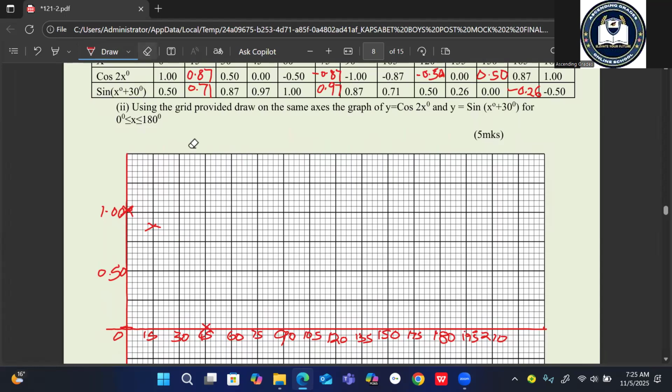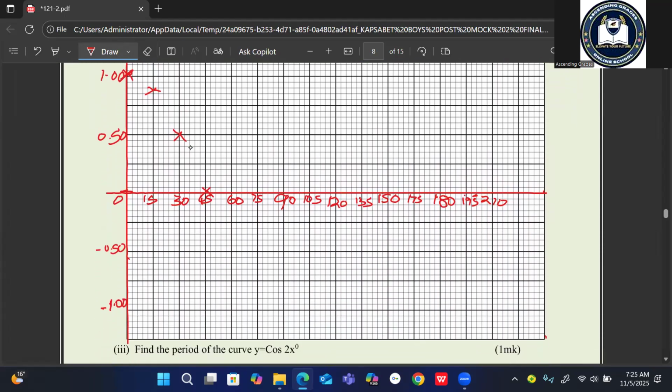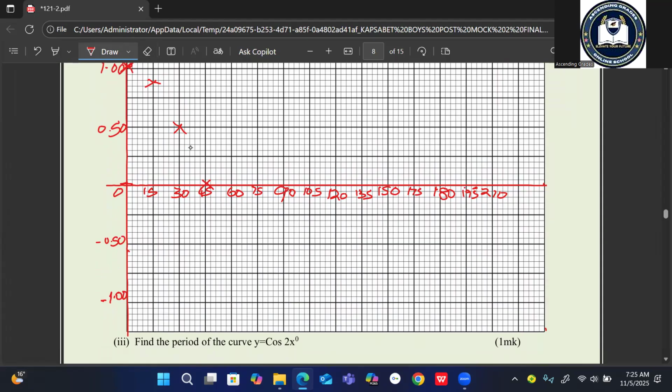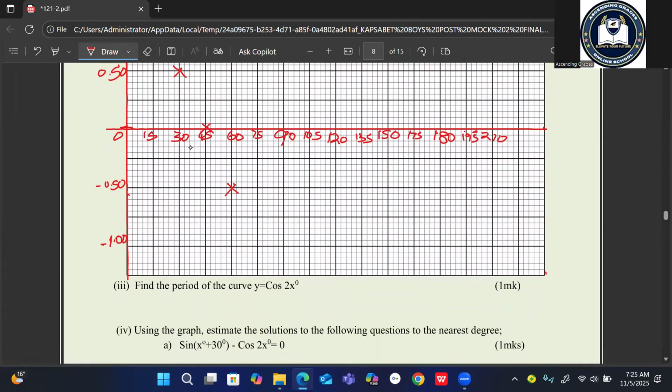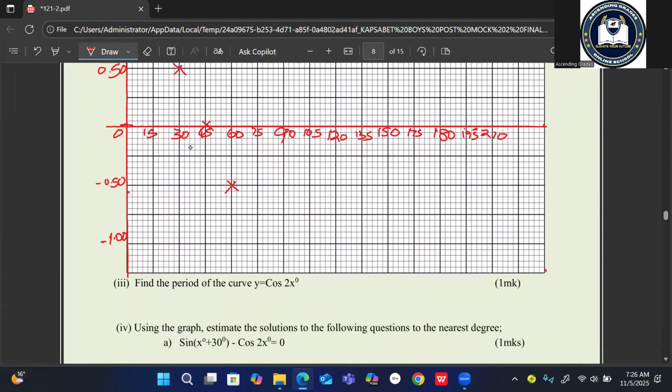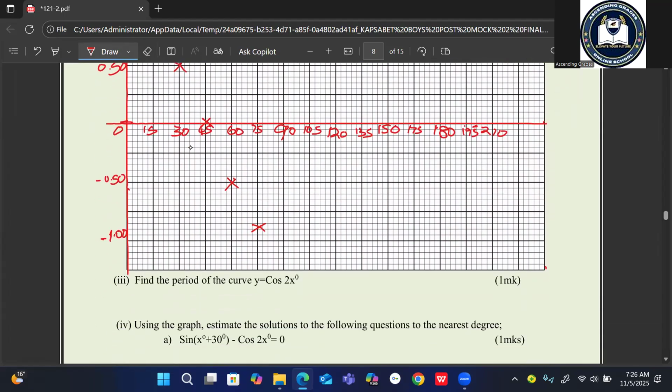Sorry, 30, 0.5 has to be here. The next one is 60, negative 0.5. Next one is 75, negative 0.87. Next one is 90, negative 1.